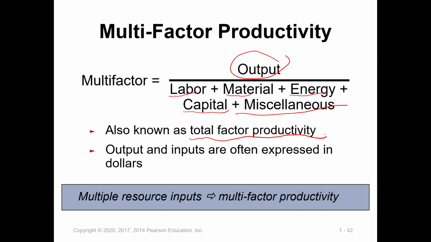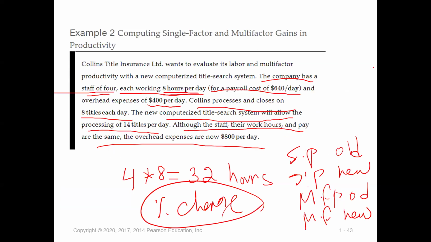The difference between the single and the multi-factor is that we have different units here. So we change everything to dollars. The inputs are expressed in dollars. So we change the labor to dollars, which is the cost, the material, the cost, energy, and everything we change to dollars, which is the cost.